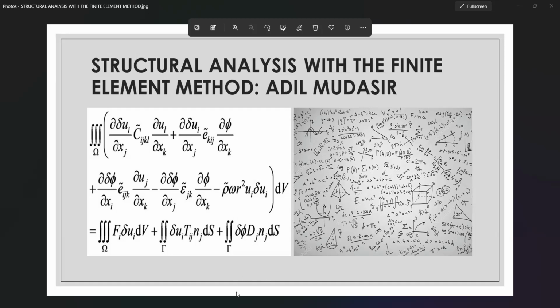Let's begin this lecture series. We will be starting our entire series from the fundamental concepts, and we'll begin with the 1D finite element for axially loaded rods.